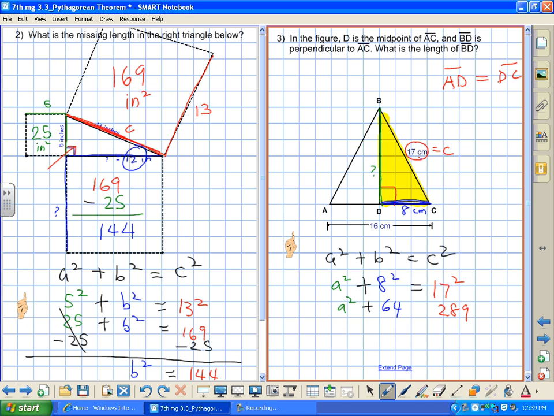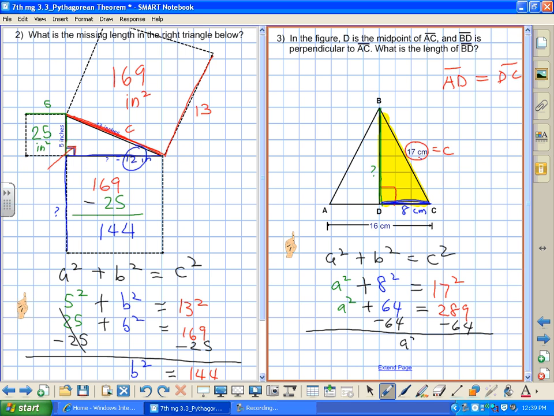By the way, when you do many of these problems, you start memorizing what the squares of certain numbers are, like the square of 13, 14, 15, 16, 17, and so forth. Anyway, continuing on, what do I do next? You need to isolate the variable, so you get rid of the constant. You subtract 64 on both sides, because whatever you do to one side, you do to the other.